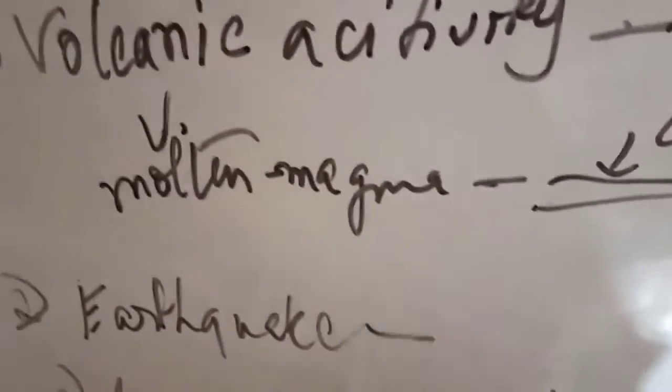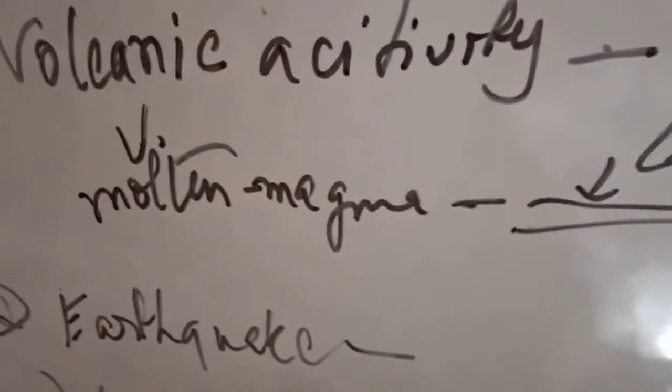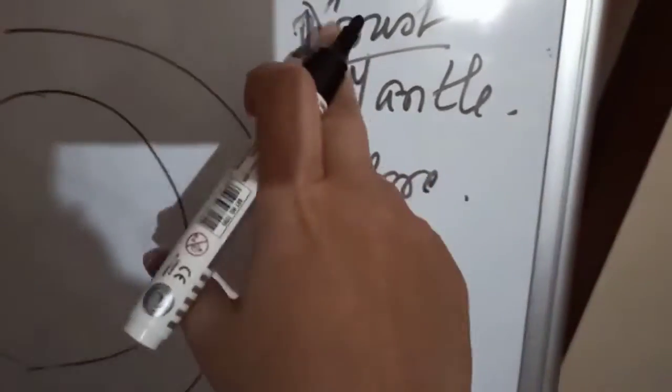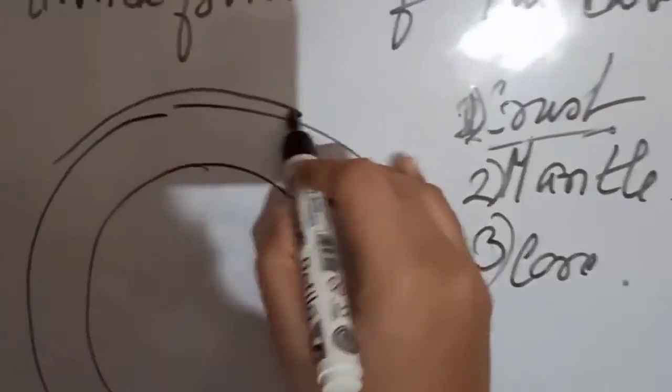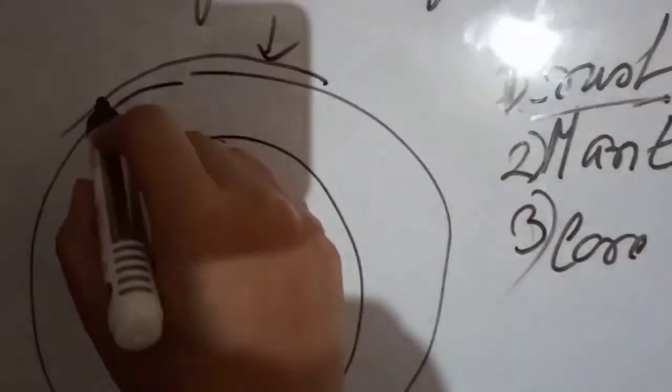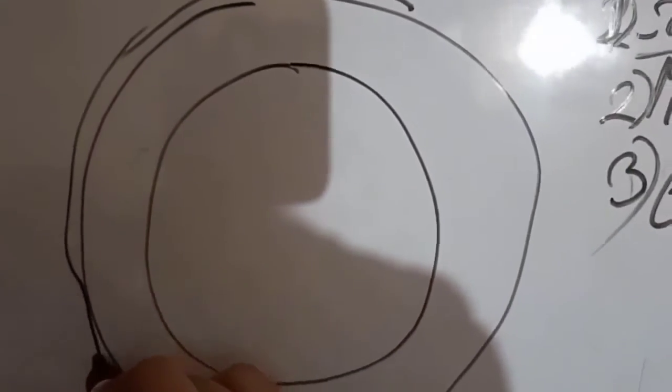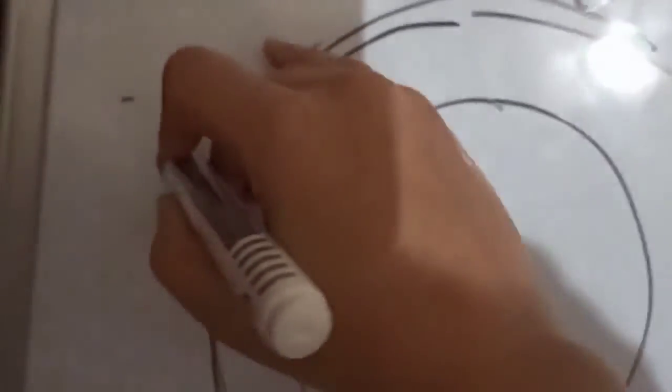Now let us go into the details about the crust, mantle and core. The crust is the outermost skin of the earth on which we live. The outermost portion of the earth we call the crust.